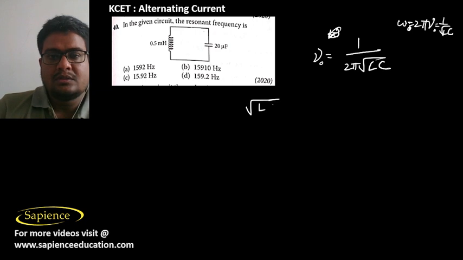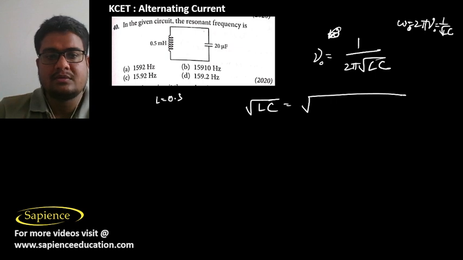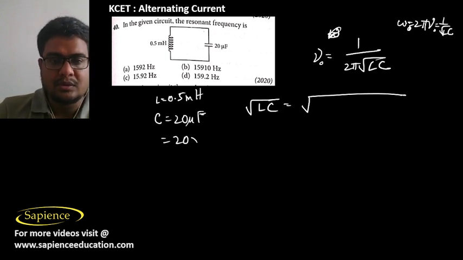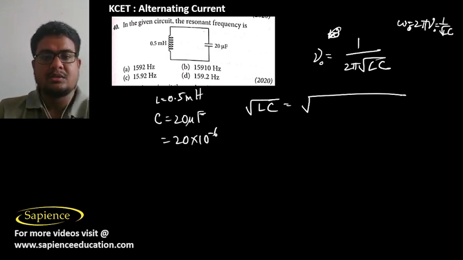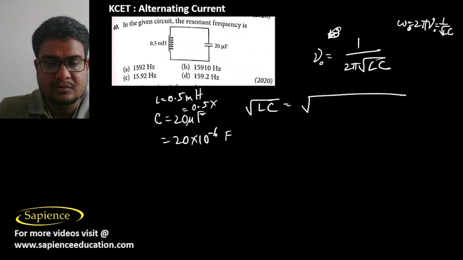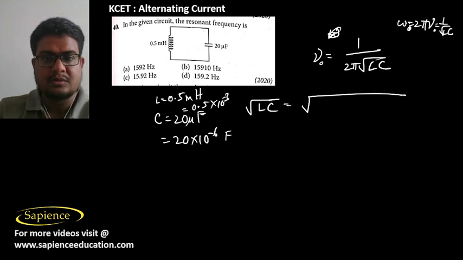Now root over L into C, where L is 0.5 millihenry, that is 0.5 into 10 power minus 3, and C is 20 microfarad, that is 20 into 10 power minus 6.